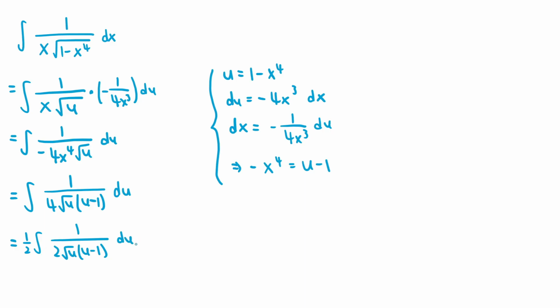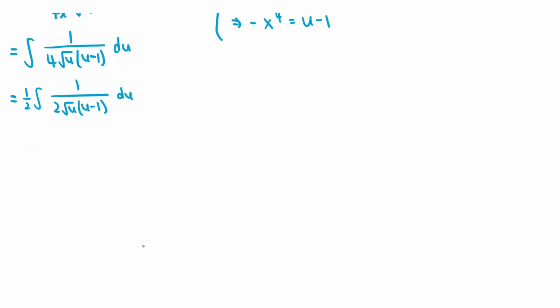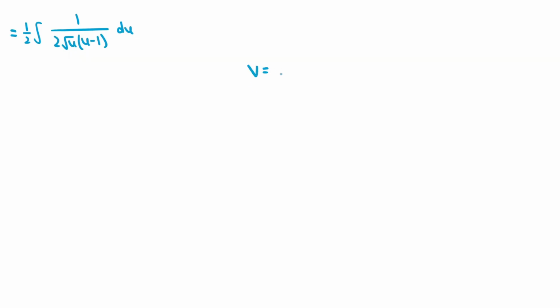And now we're ready to substitute v equals the square root of u. If we let v equal the square root of u, then dv is equal to 1 over 2 times the square root of u du. And if we just substitute this back into the expression, we get 1/2 times the integral of 1 over v squared minus 1 dv, since the 1 over 2 square root of u du becomes dv, and u minus 1 can be expressed as the square root of u all squared minus 1, and since v is equal to the square root of u, the u minus 1 term just becomes v squared minus 1.